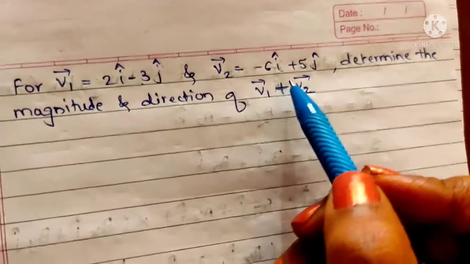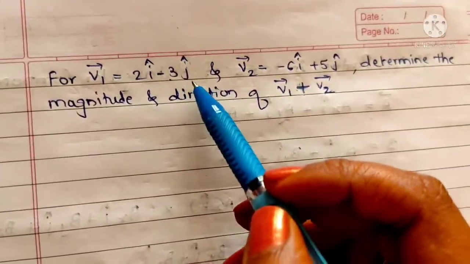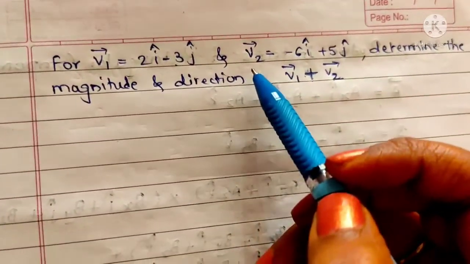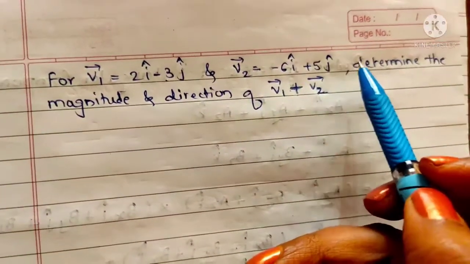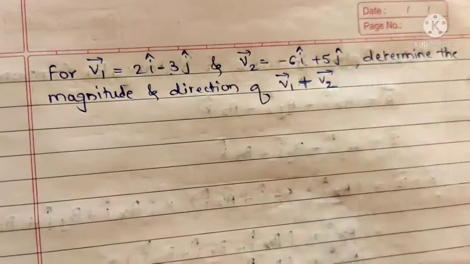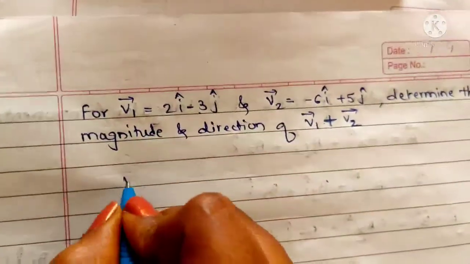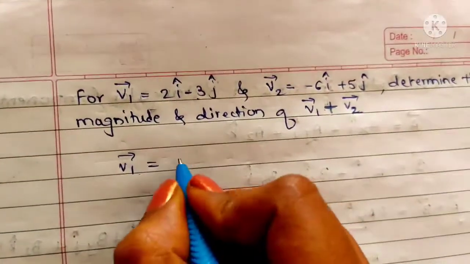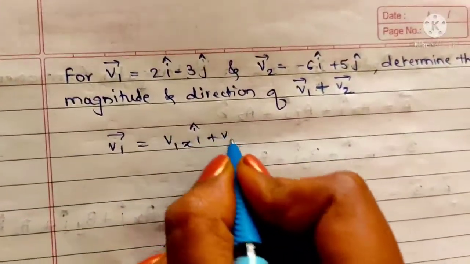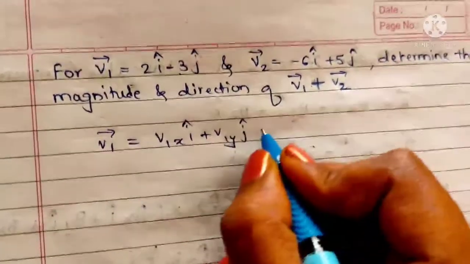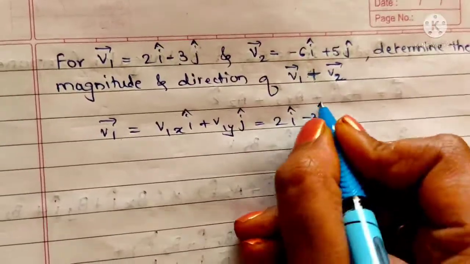The second problem we are going to see is for v1 bar is equal to 2i cap minus 3j cap and v2 bar is equal to minus 6i cap plus 5j cap. We have to determine the magnitude and direction of v1 bar and v2 bar. Here v1 bar can be written as v1x i cap plus v1y j cap, and it is given that this value is 2i cap minus 3j cap.